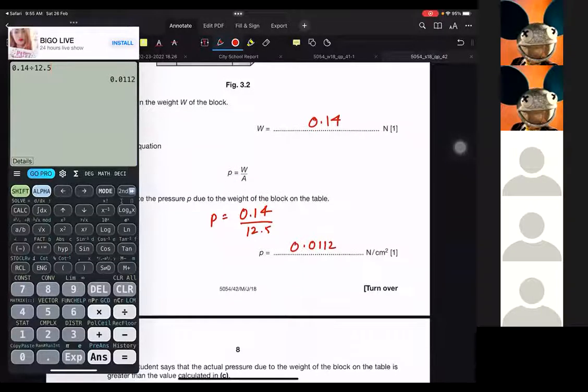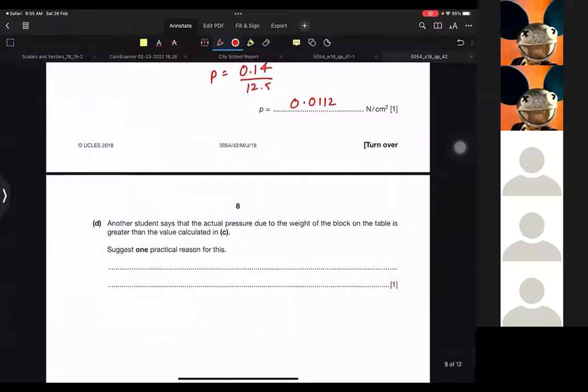Okay, then this is the important question. Another student says that the actual pressure due to the weight of the block on the table is greater than the value calculated. Suggest one practical reason for this. So there could be a number of reasons here, but they say one practical reason.